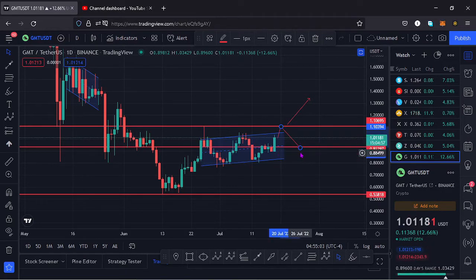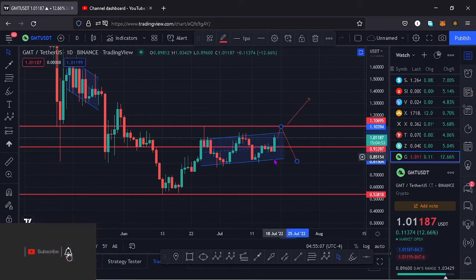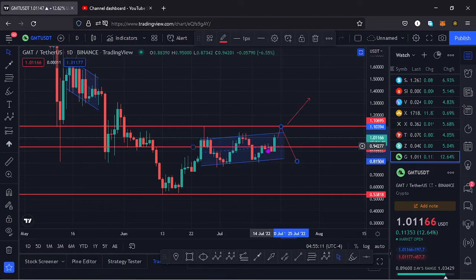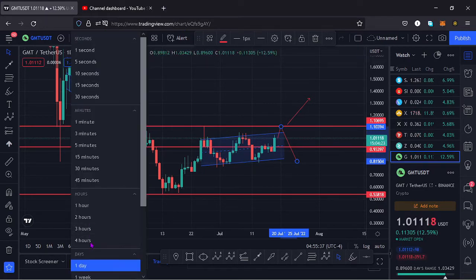And if we lose that, then that would unlock even lower prices and take us back into this channel which we were trading within. If that move plays out and we break out of the channel to the lower side, it's possible that we might go back to around the $0.53 mark, where we have our next key area of support.